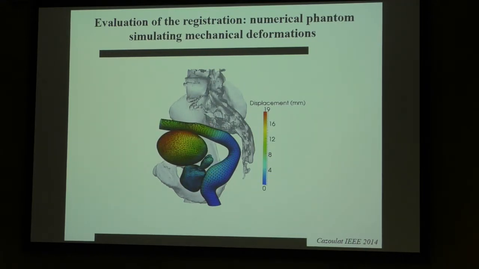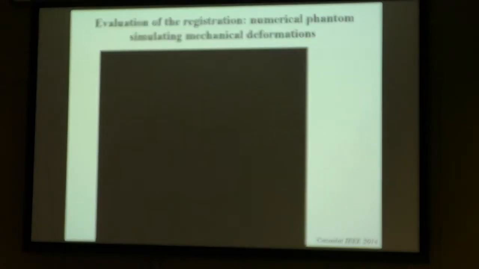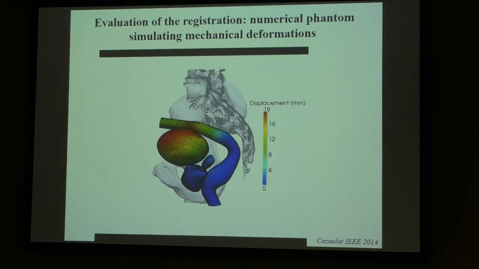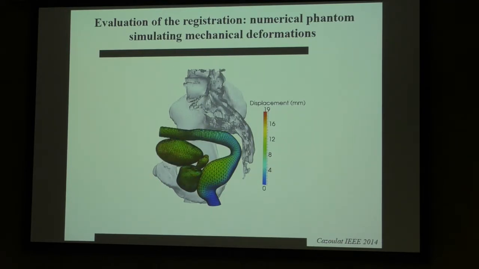The idea behind that is to generate a numerical phantom in which you know the deformation, based on a mechanical deformation, and then you can compare the localization of the point obtained by your elastic registration method to the ground truth mechanical deformation.